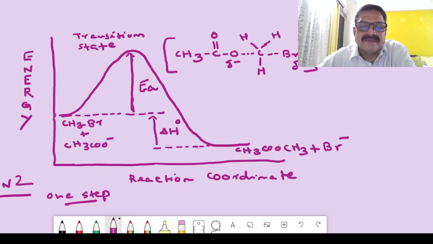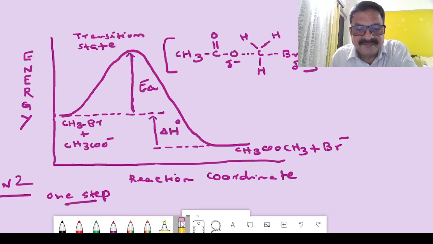That will be very interesting. I will be telling you what is meant by Walden inversion. It's a new concept here. The stereochemistry of the SN2 mechanism.